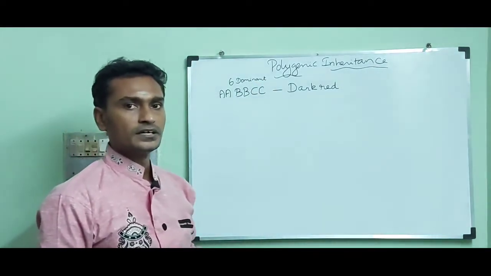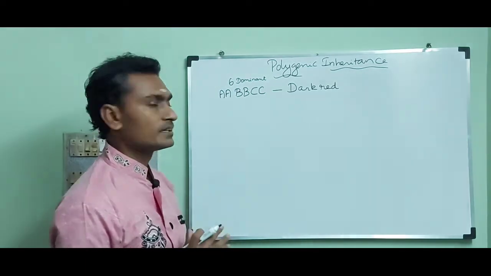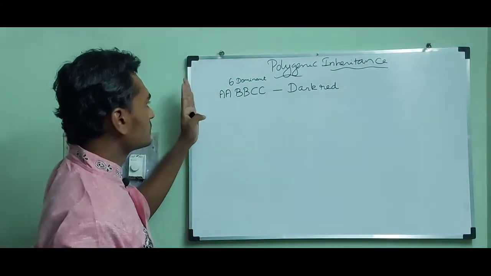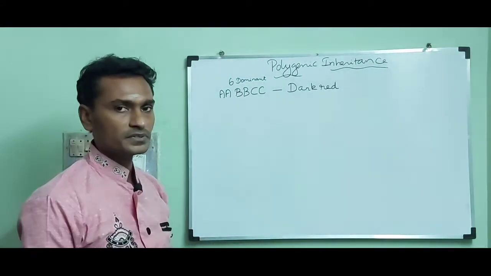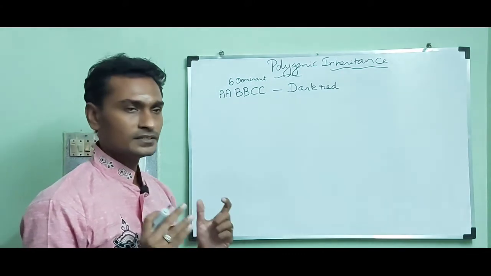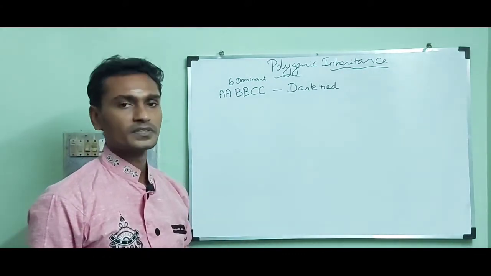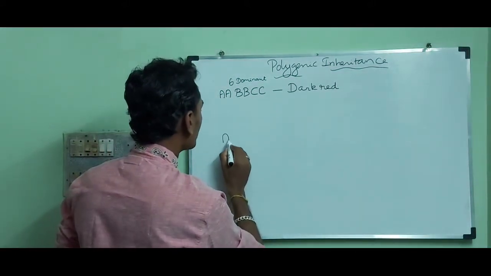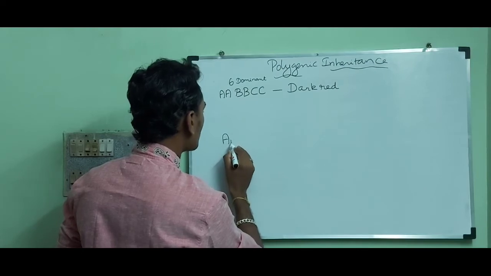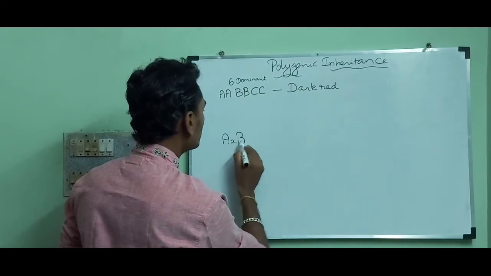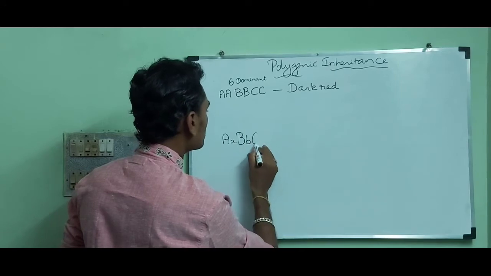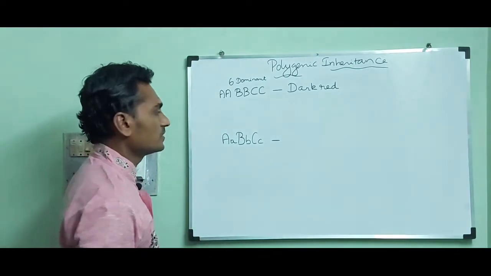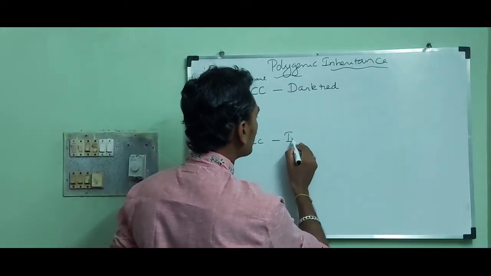Then I am going to predict the intermediate value. In the dominant value, all the alleles are dominant, while in the intermediate, it is going to be half dominant, half recessive. So it is going to be capital A, small a, capital B, small b, capital C, small c, and it shows the phenotype intermediate red.